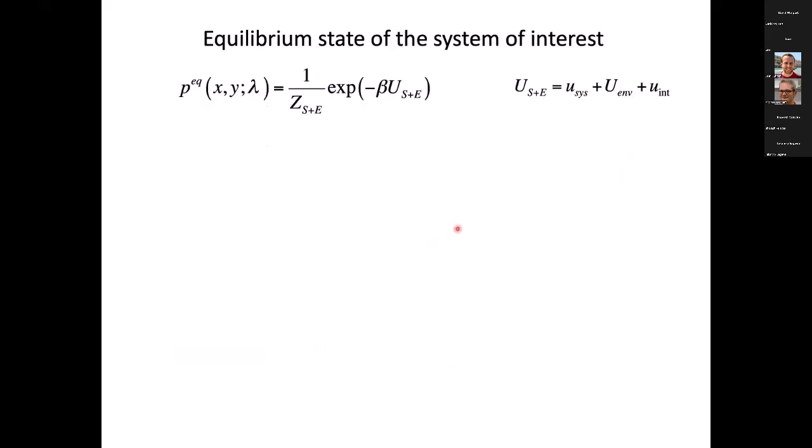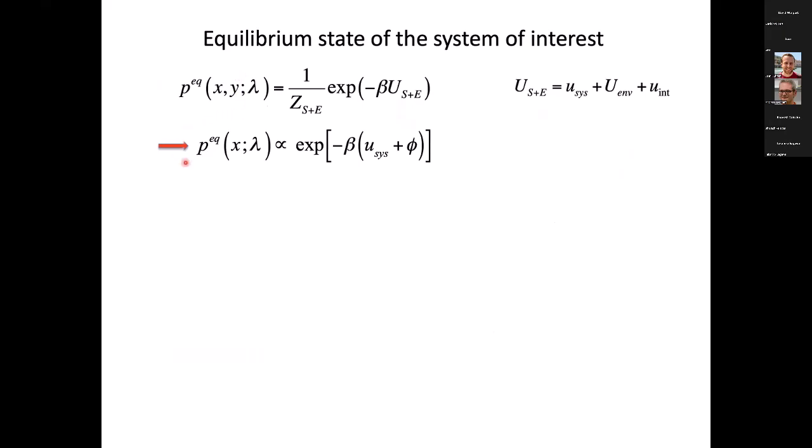Okay, so now let's get into some of the analysis. Again, I'm starting from the familiar Boltzmann distribution in the full phase space. Here's my total Hamiltonian. And if I want the equilibrium distribution for the system of interest, all I need to do is integrate out the y variables, the degrees of freedom of the environment.